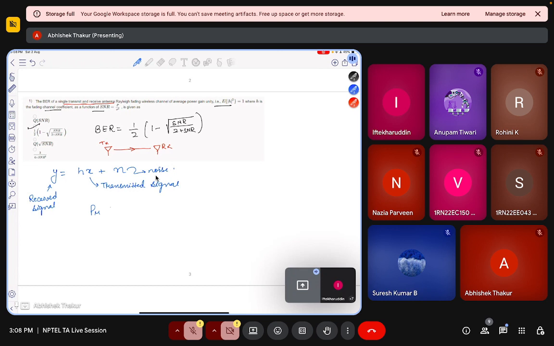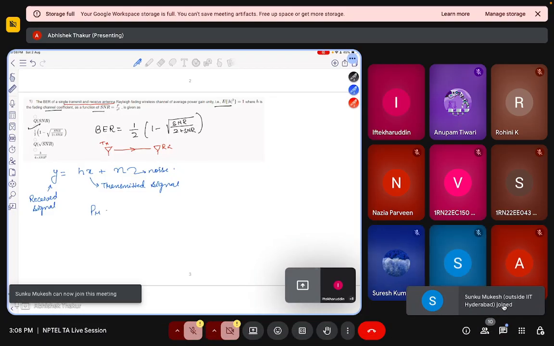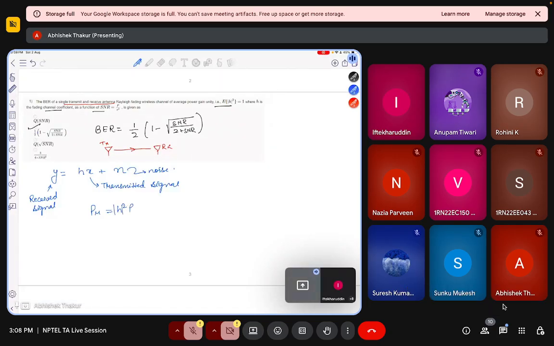So received power PR can be given as H square and power of the symbol P. H square is the channel coefficient. So H is given as A e to the power of j phi, as we have studied in the last lecture.